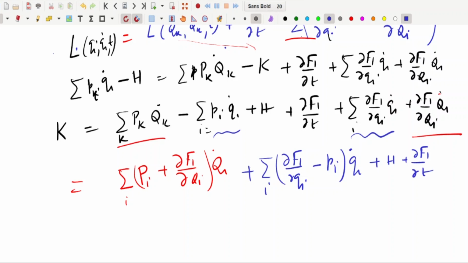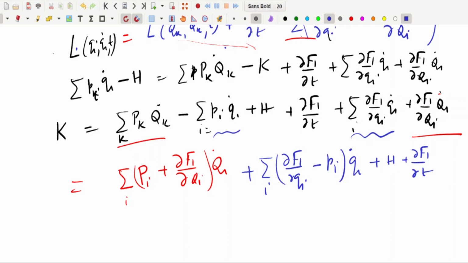Okay. Now the small q and capital Q are independent in that sense, so their coefficients also will be 0.